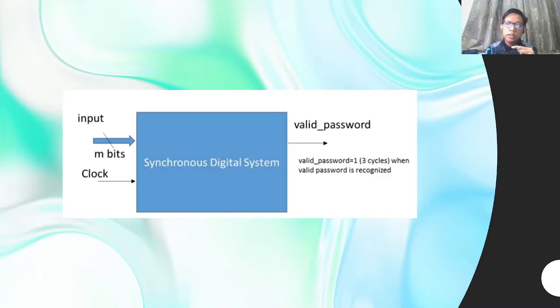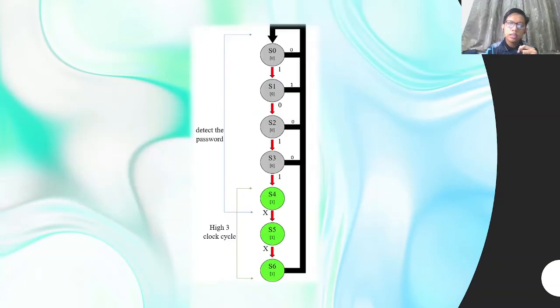Okey, sebelum kita lanjutkan, kita akan ke state diagram dahulu. State diagram ni adalah berdasarkan sistem di mana sistem tersebut mengesan 1011. Ini dalam bentuk binary.